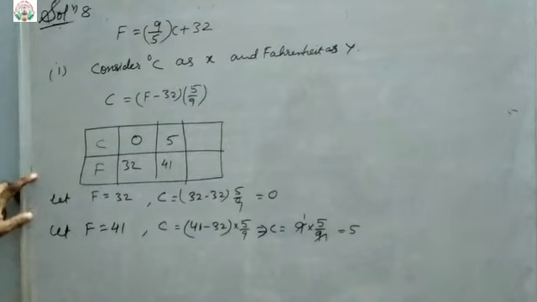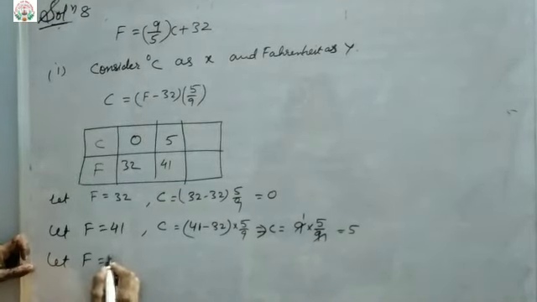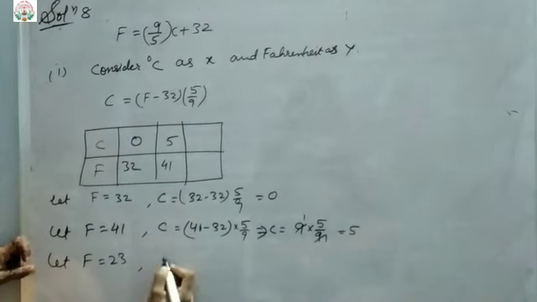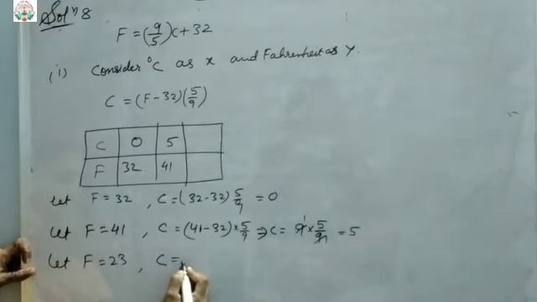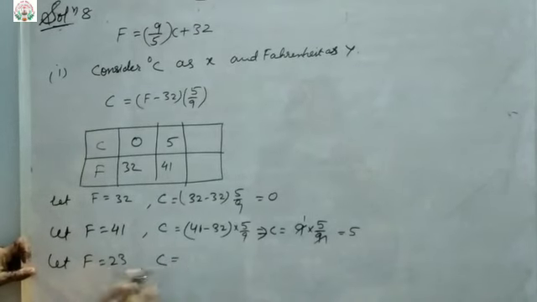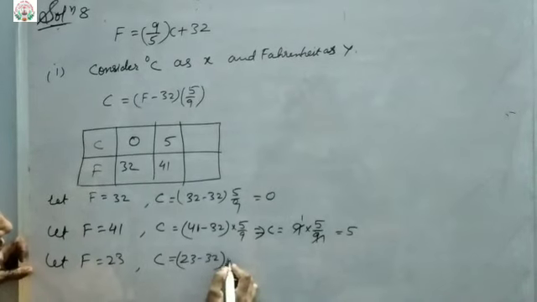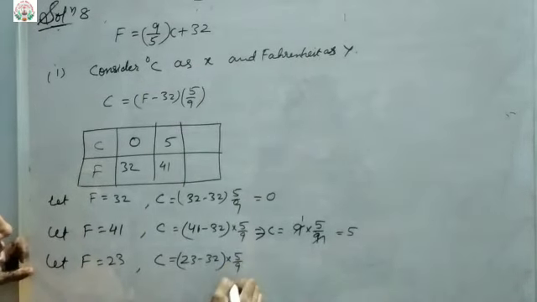In the same way, let F equals 23. Then what will be the value of C? You check it out. F is 23, minus 32, and then into 5 upon 9.